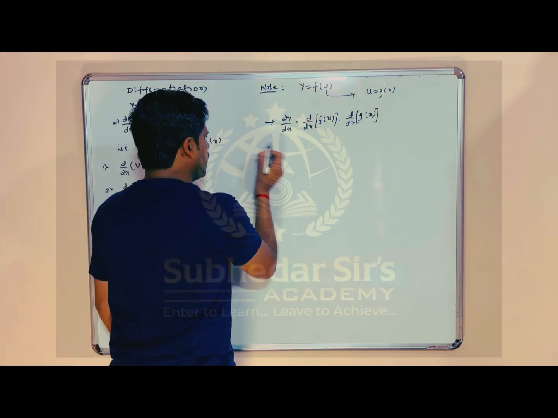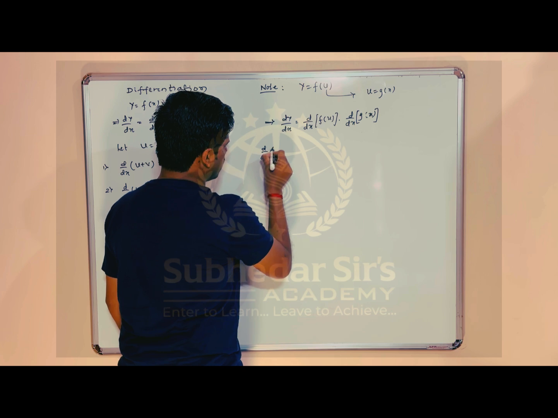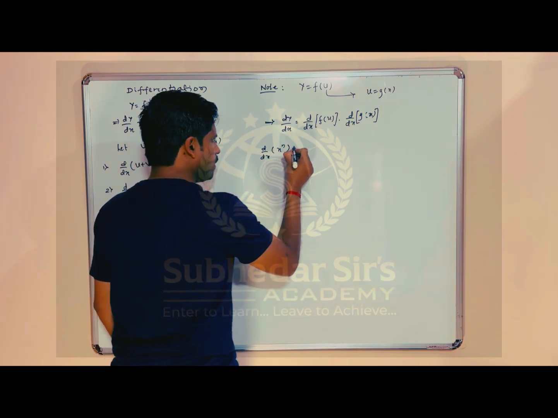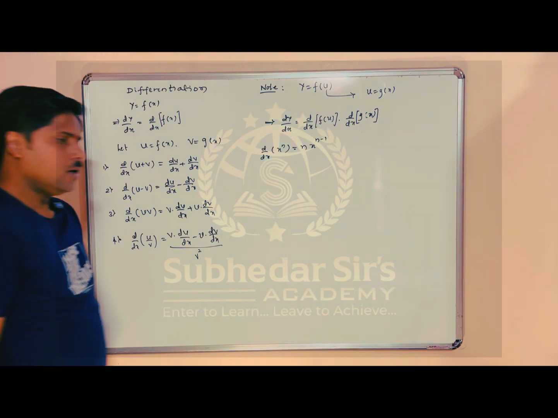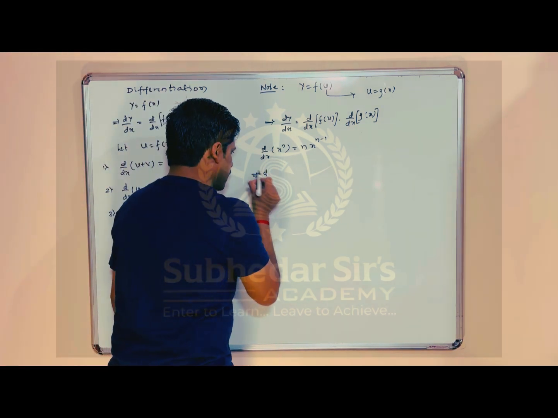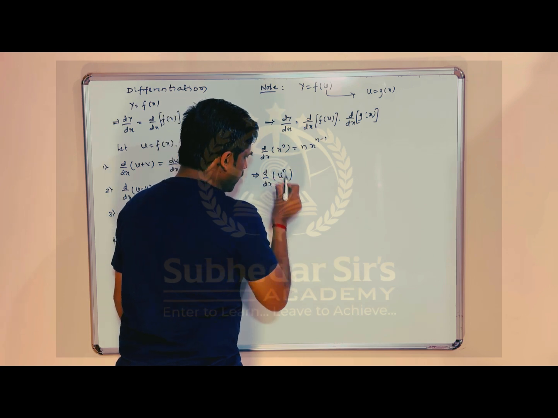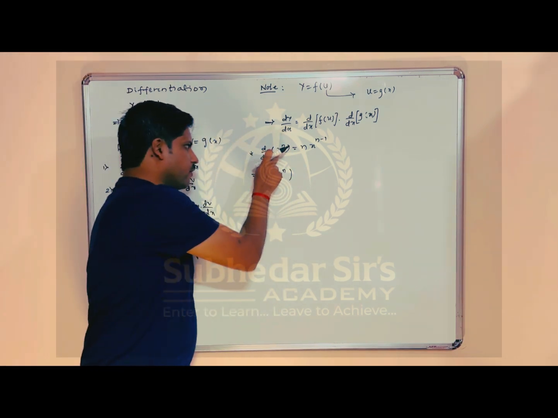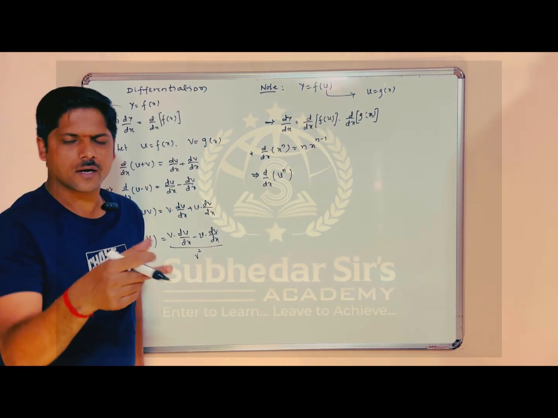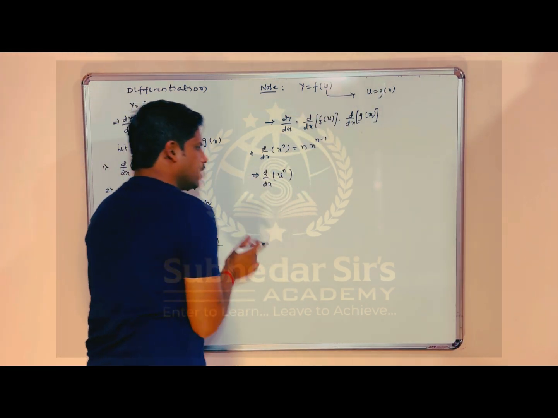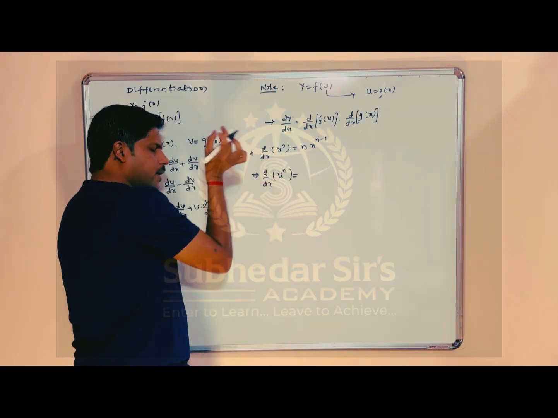For example, as we know that d by dx of x to the power n is n into x to the power n minus 1, right? So if suppose we have d by dx of u to the power n, in place of x we have u, but u is a function g of x, or in terms of x. Then what is the differentiation of this one? First we have to write the same formula, wherever x is there I will write u only.